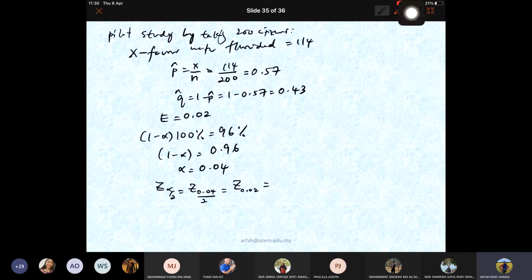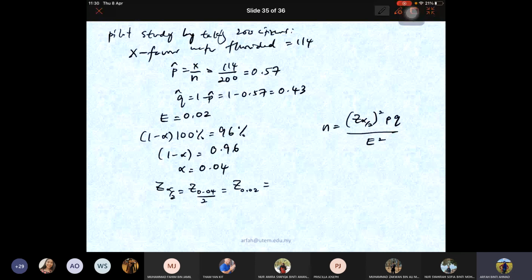Then using the information to calculate your N. So berapa Z 0.02? Negatif 2.05. Ya, betul, sama dengan calculation. Negative 2.05. Okay.